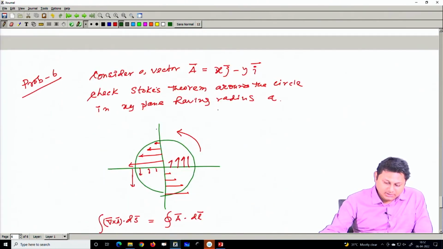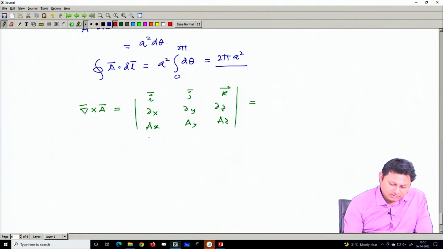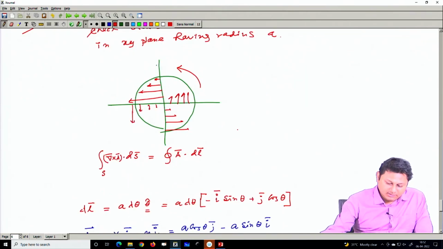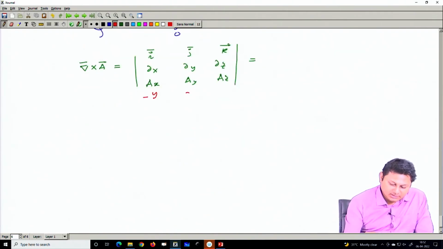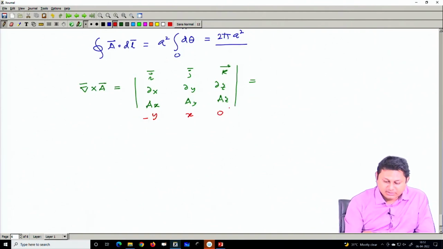If I go back, A x is minus y. What is A y? A y is x. And A z is 0. So, for the i component, this is 0 and this is 0; for the j component, this is 0 and this is 0; for the k component we have 1 and 1. So, we have 2 k, this is the value one can get.